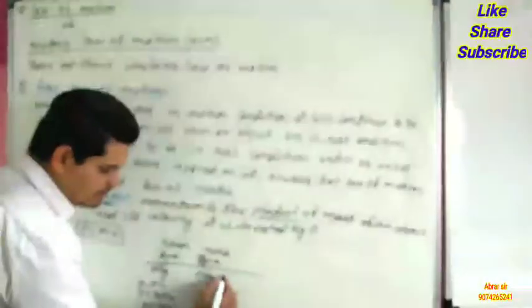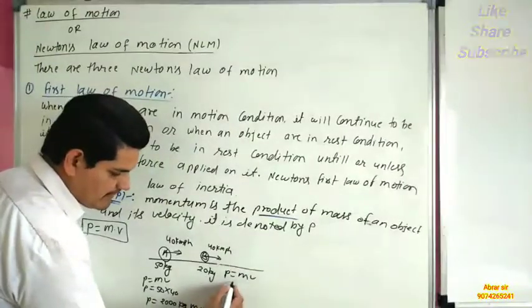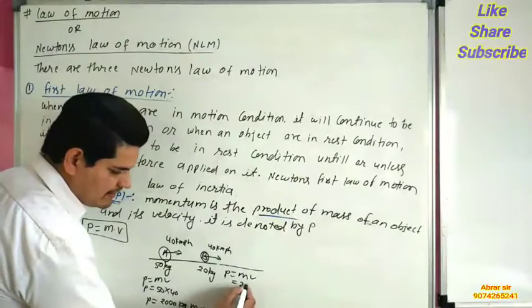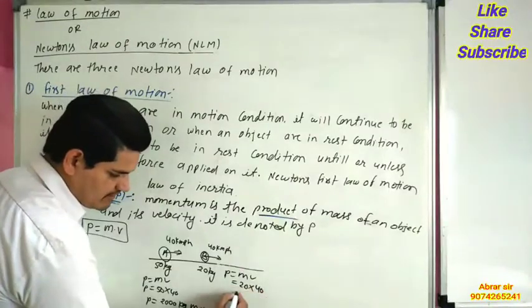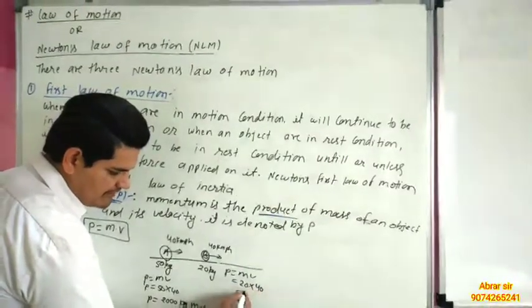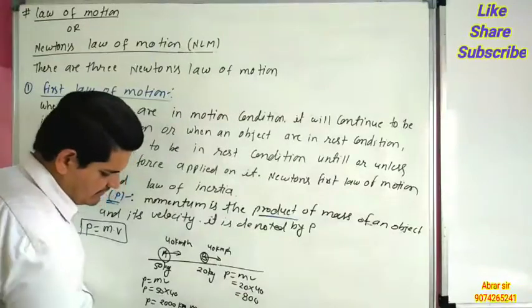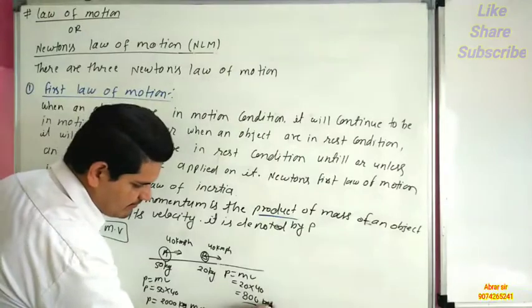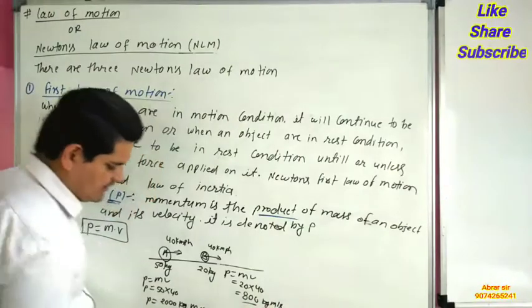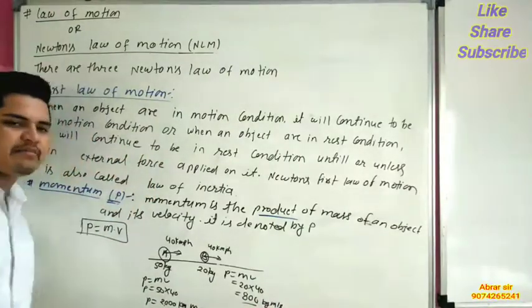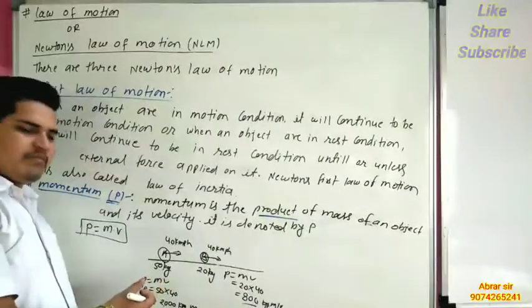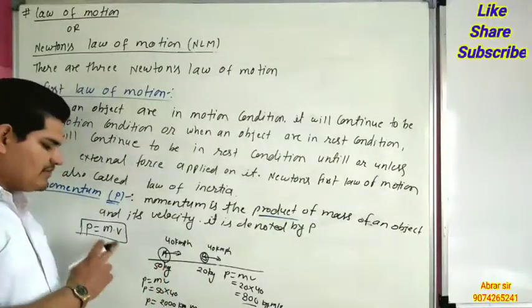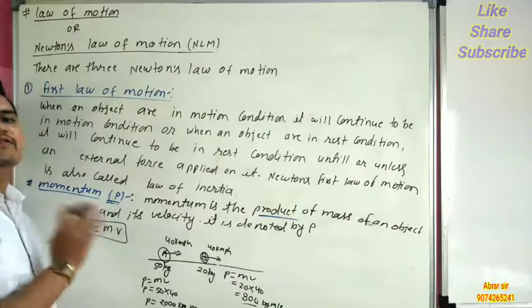Whereas for B, momentum P is equal to mv. So mass is 20 and velocity is 40. So 4 twos are 8, and the 00 as it is, so only 800 kg meter per second, and A's is 2000 kg meter per second. So A's momentum is more because of the mass.